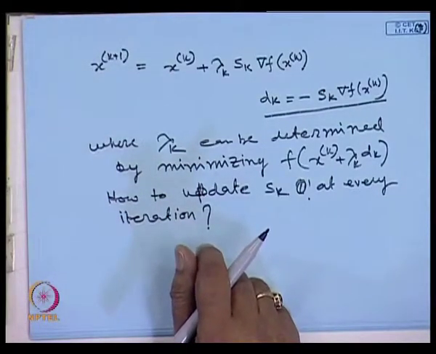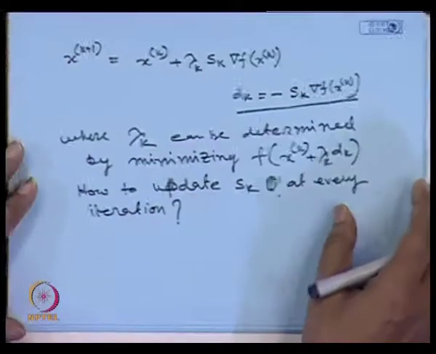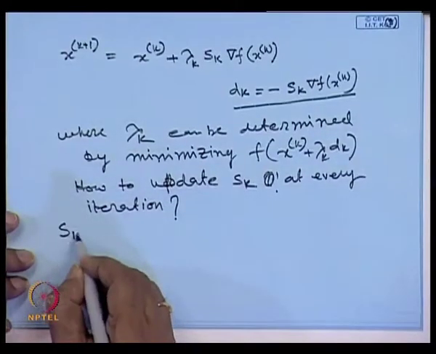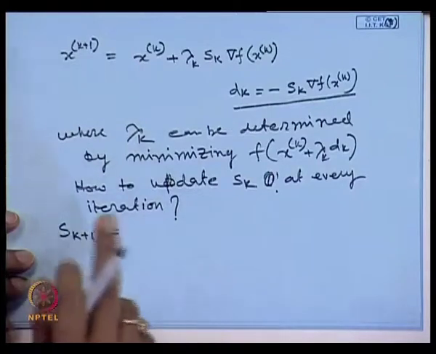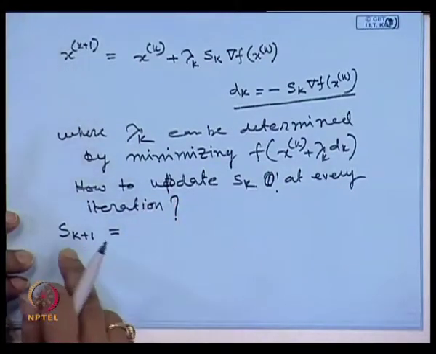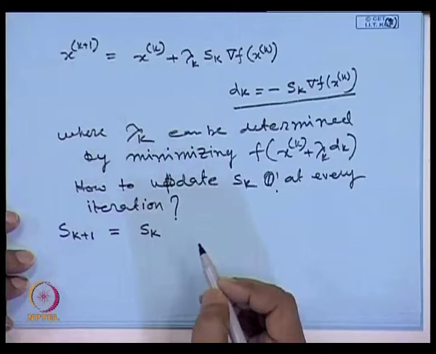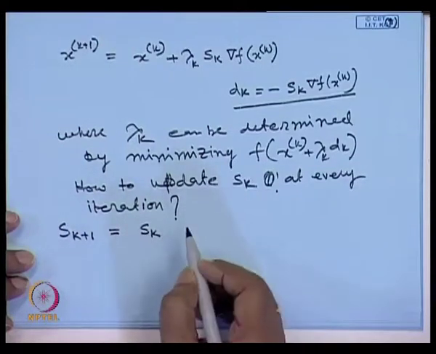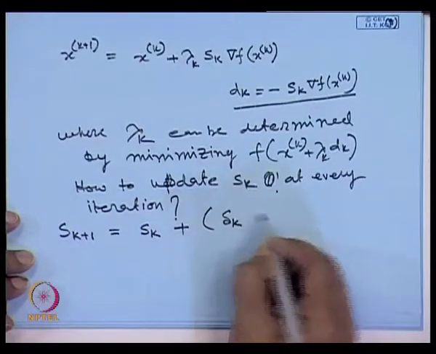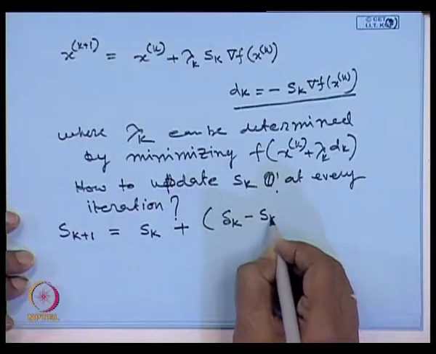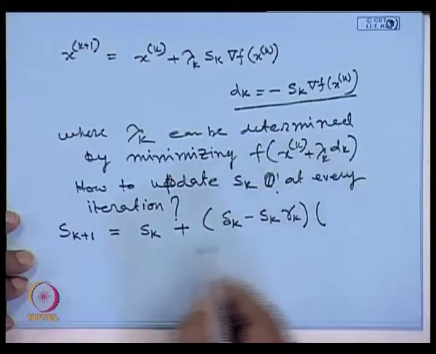If you see this one, I am writing the algorithm, then I will show the proof. So x k plus 1, the next iteration value, will be x k, the previous iteration value, plus delta k minus x k, then gamma k multiplied by, mind it, this s k.